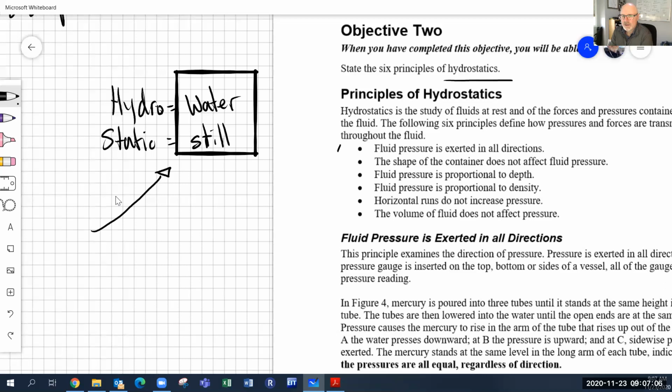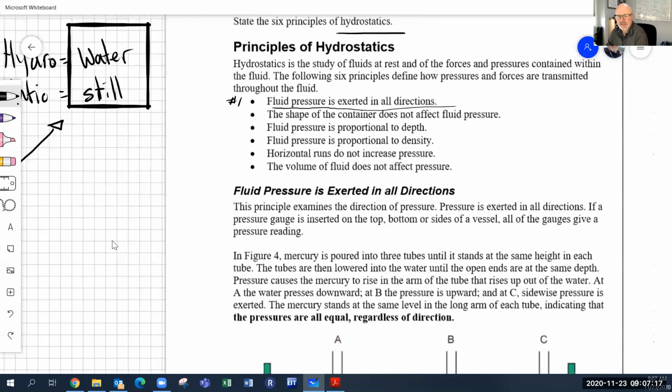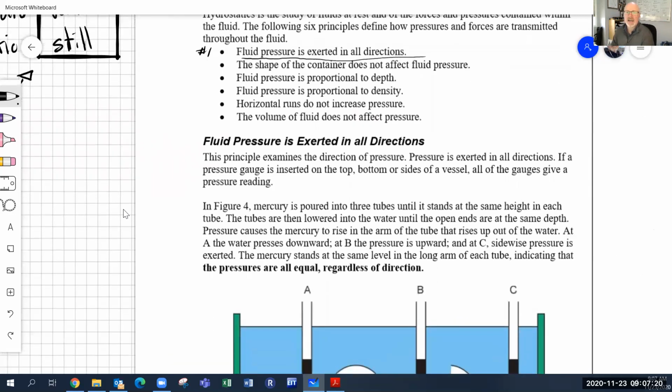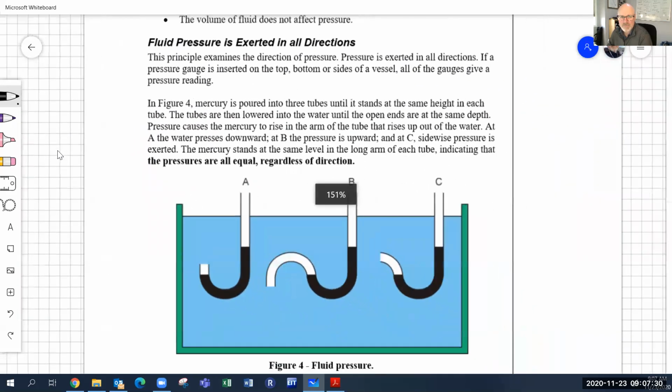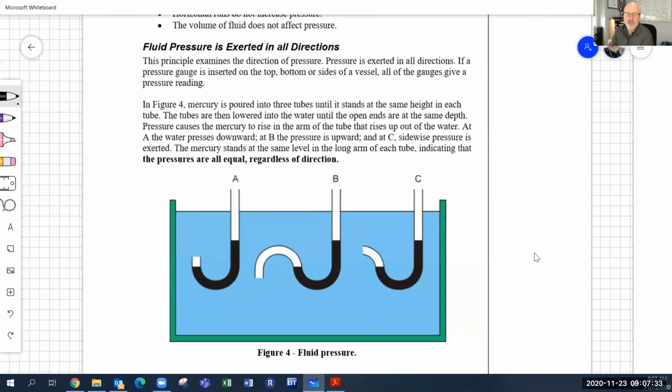Now, number 1 here. Fluid pressure is exerted in all directions. This is one of the principles of hydrostatics. Now, I don't like this picture in your ILM. It's really tough to understand. This picture in here, they say that mercury is poured in these tubes, and the pressure exerted this way, and air pressure this way, or pressure this way, this way, this way.